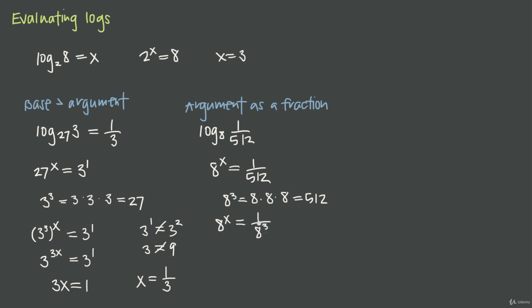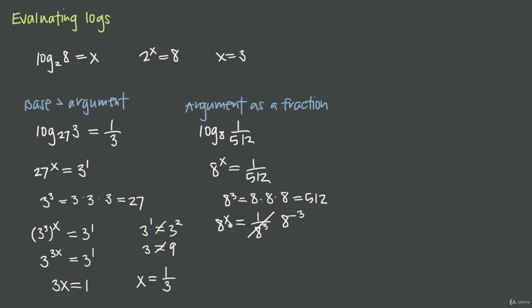If I want to move that term with the exponent from the denominator to the numerator or the numerator to the denominator, I can do it, I just have to change the sign on the exponent. So if I want to move 8 to the third up to the numerator, all I have to do is make the exponent of positive 3 a negative 3. So 1 over 8 to the third is actually the same thing as 8 to the negative 3, just moving that up to the numerator.